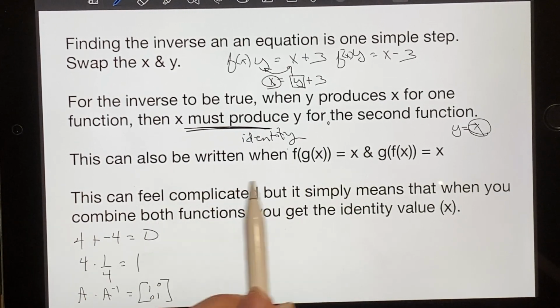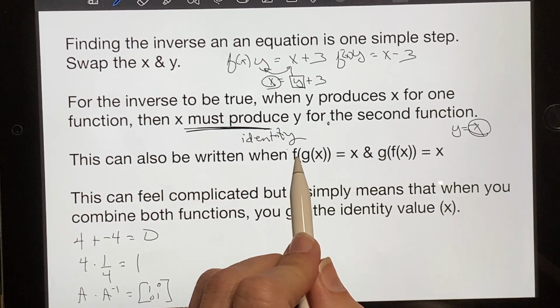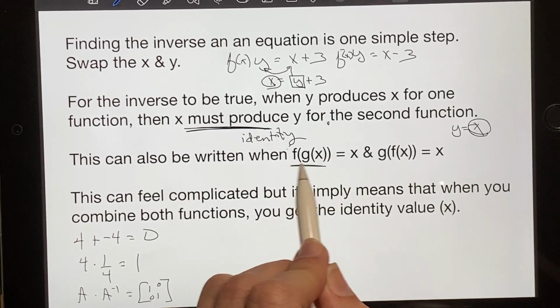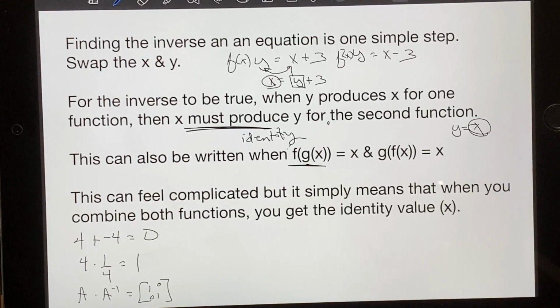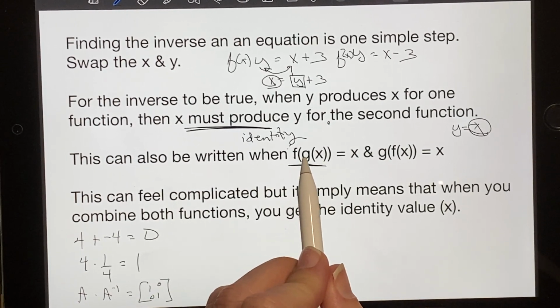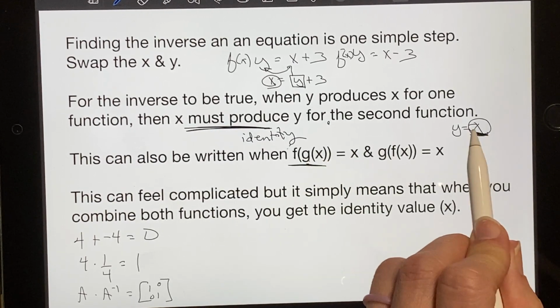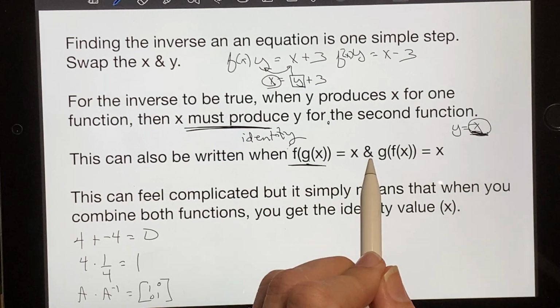Correct? So in the same way, as we have two functions, we use that composite form that we just learned in 7.3. When we do f of g of x, it has to equal our identity x.